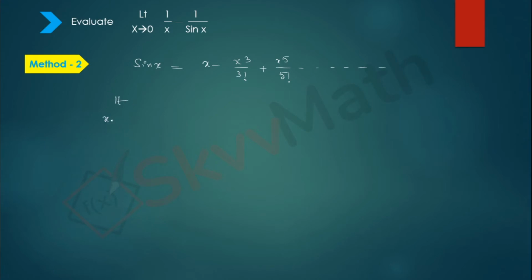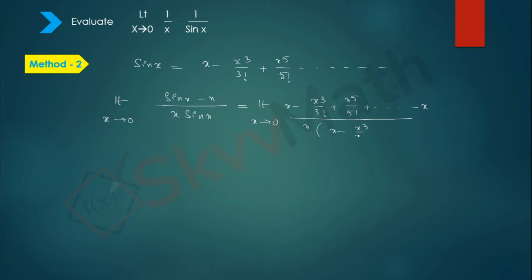So the given limit is limit x tends to 0, 1 by x minus 1 by sin x. First of all, I'll take the LCM sin x, so I get sin x minus x in the numerator. This equals limit x tends to 0 of the sin x expansion, x minus x cube by 3 factorial plus x power 5 by 5 factorial and so on, minus x, divided by x times the sin x expansion, x minus x cube by 3 factorial plus x power 5 by 5 factorial minus and so on.